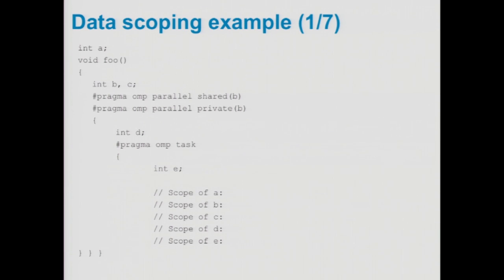If you just say pragma omp task, the compiler will try to do something reasonable. So let's see what it actually does. For the variable A, it's shared in the outer parallel region, it's shared in the inner parallel region, the task is lexically inside of both parallel regions. So A is just going to be shared by address.